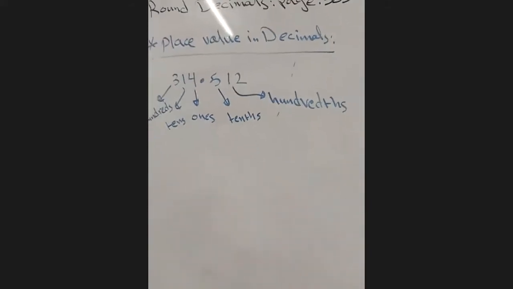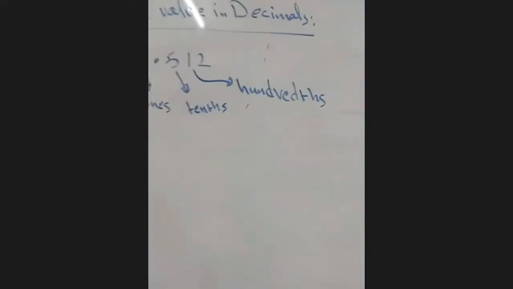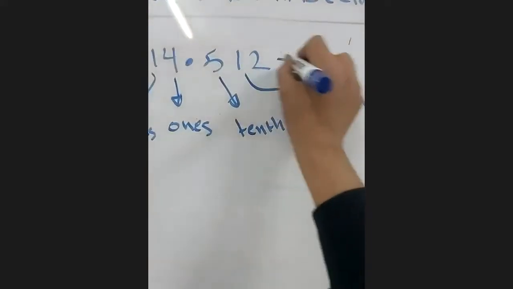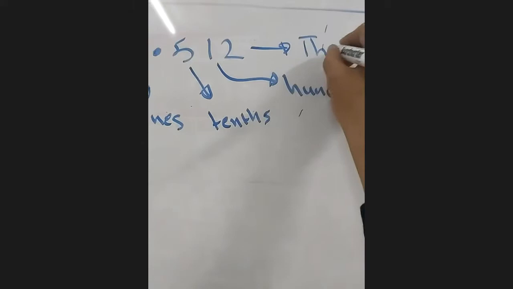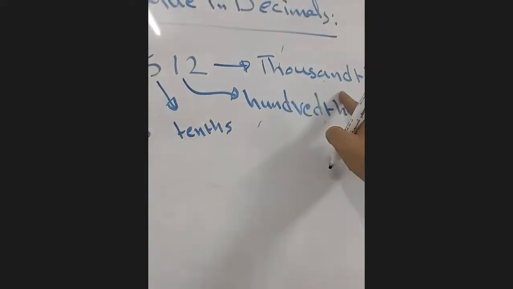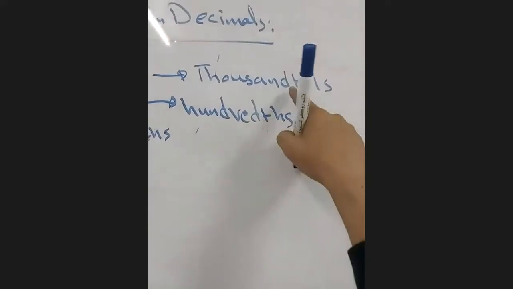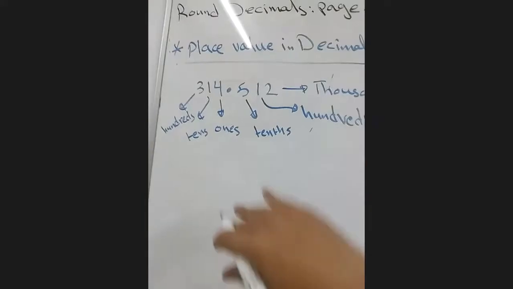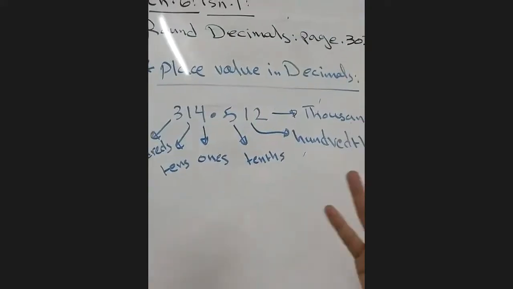The D here is light. And the 2 here, we call it thousandths. Thousand normally, and TH-S, and the D here is a light D. Thousandths.